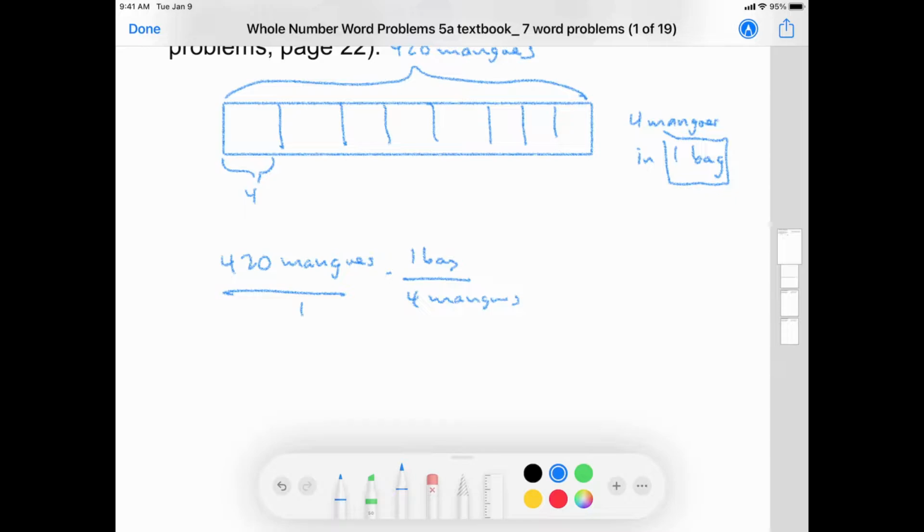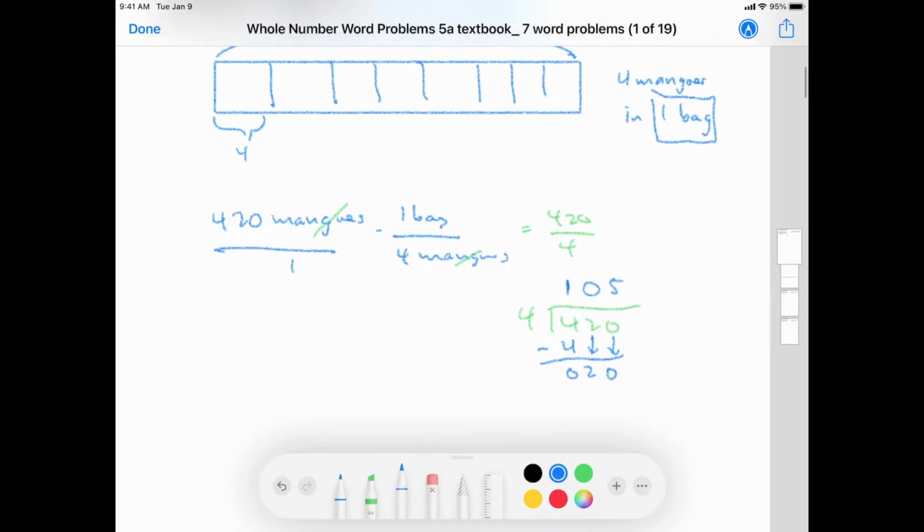And if you divide 420 by 4, your mangoes will cancel out, and 4 goes into 420, goes in once, multiply, subtract, bring down, 4 goes in 2 times, 0, and then bring down the 0, so 4 goes into 20 5 times, so I get 105. There are 105 bags.